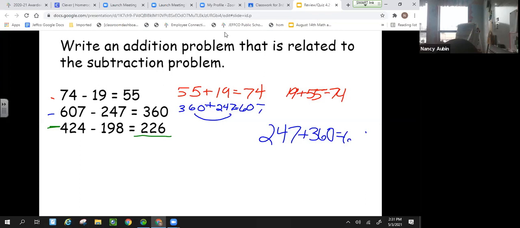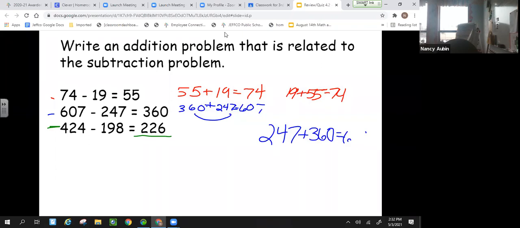Nope, I don't want to see scribbles. I want to see two addition problems that relate to 424 minus 198 equals 226. Come on, you can do this. That's not too hard. I want to see the equal sign. Blah, blah, plus blah equals blah, right? I don't want it upside down. Okay, you're not writing upside down. Good, you got it.